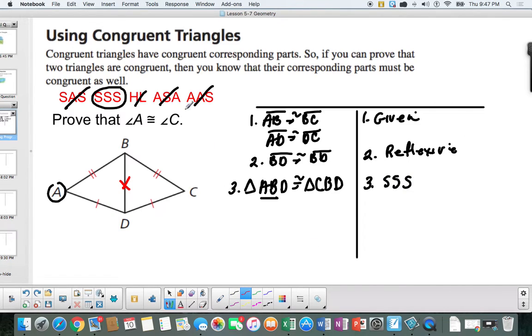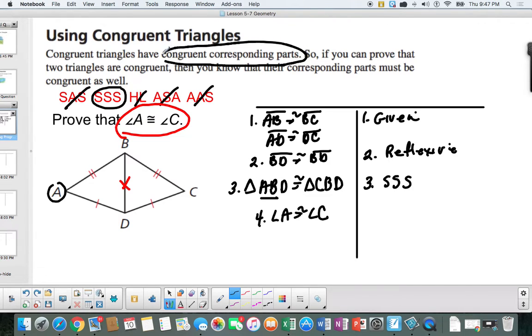Now let's take a look at what we were trying to prove. We weren't trying to prove the triangles congruent, but what's nice now is that since the triangles are congruent, we can now say angle A is congruent to angle C because it's the other congruent parts. So once the triangles have proved congruent, we have other parts that are congruent.